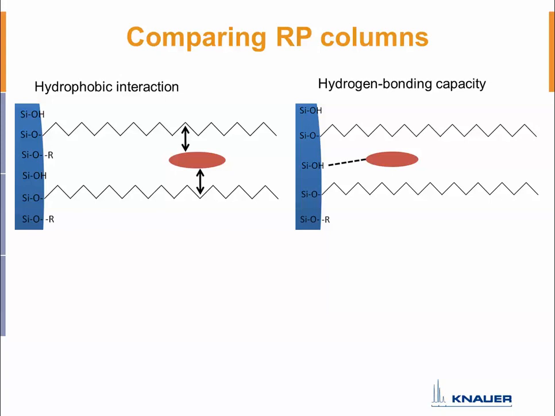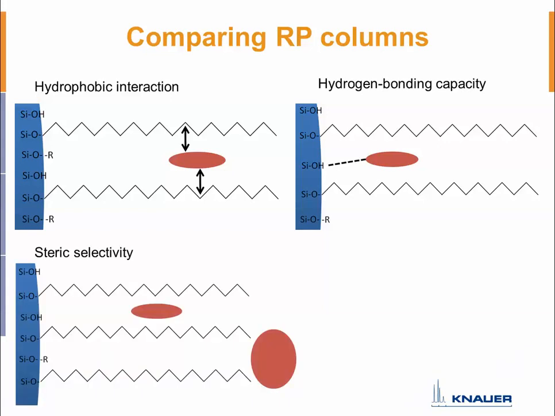There are still some places on the silica gel where the silica gel itself reacts with your analyte. This is where hydrogen bonding occurs, and this is also very important. And as a third parameter, the steric selectivity of your phase is important. If you have some C18 chains that don't let bigger molecules get in between, then it is a steric selectivity. If they can go in between, again, the selectivity is different.